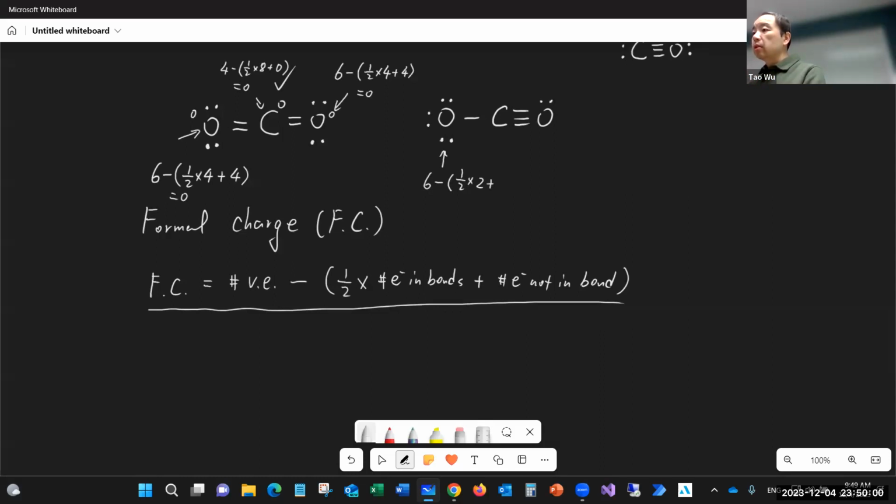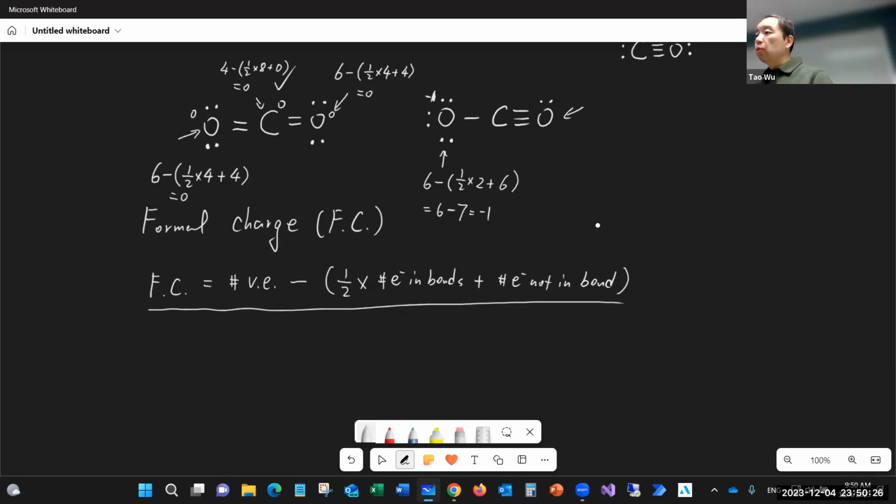Well, 6 dots not in bonds. So you see, this one is 6 minus 1/2 times 2 plus 6. That's 1 plus 6. That's 7. 6 minus 7, you get a minus 1. So the formal charge, sorry, not the oxidation, the formal charge for this oxygen is minus 1.